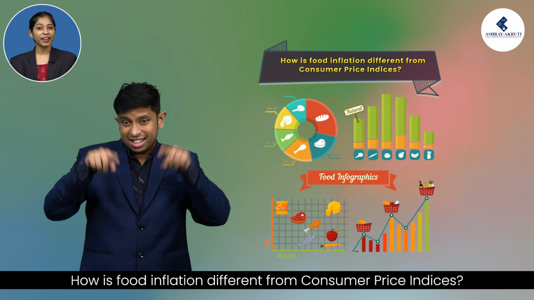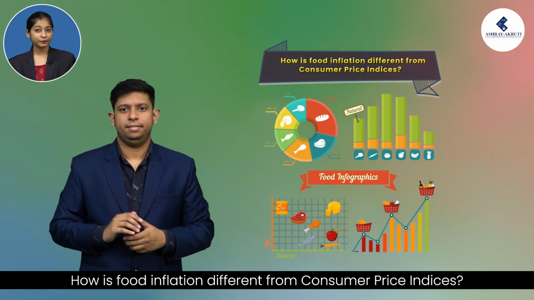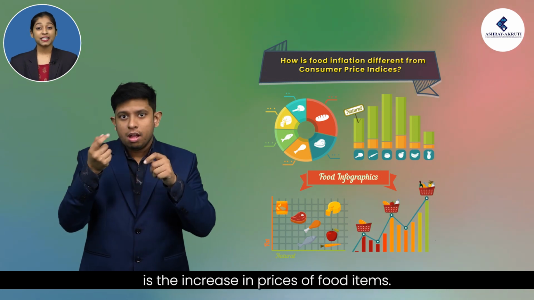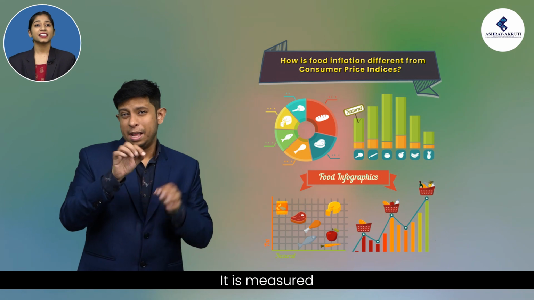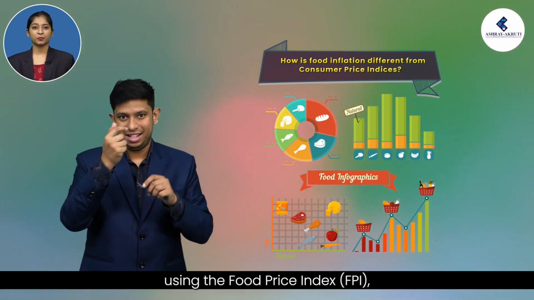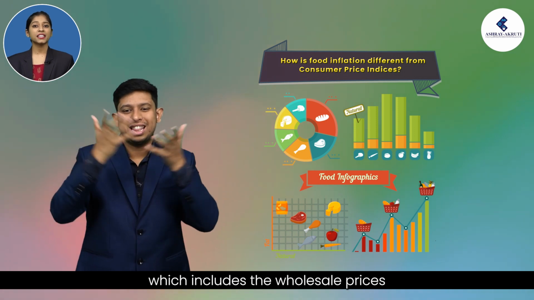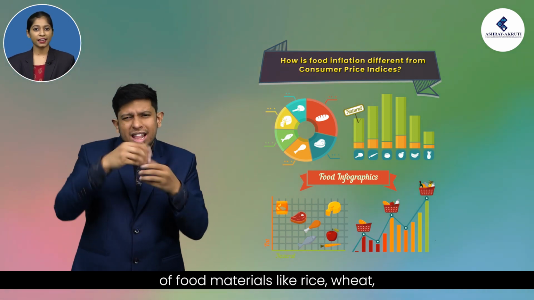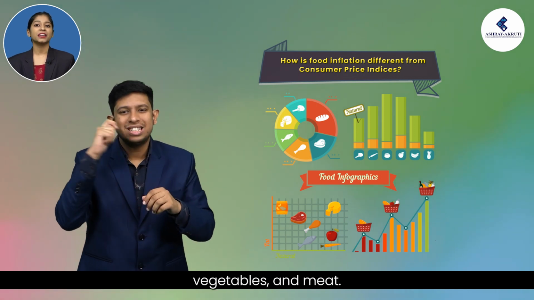How is food inflation different from consumer price indices? Food inflation is the increase in prices of food items. It is measured using the food price index (FPI), which includes the wholesale prices of food materials like rice, wheat, vegetables and meat.